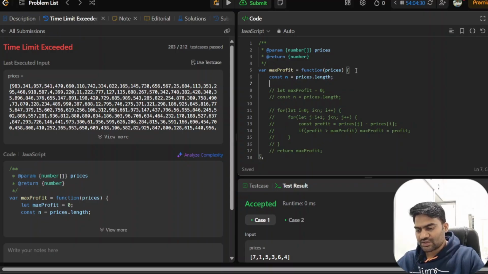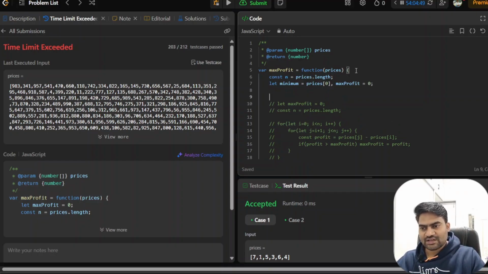Then I need two values. Let minimum be my prices of 0. Okay. Then max profit be 0 initially.